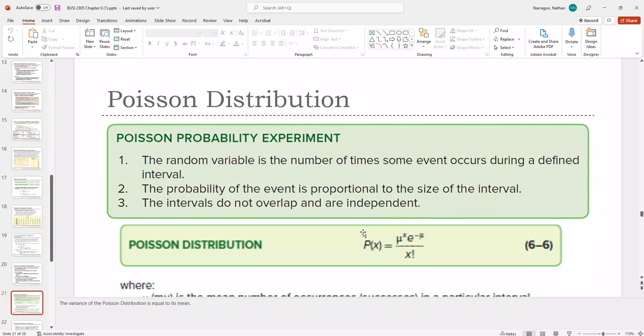If we're not going to use the special one in Excel, this one is basically mu raised to the power of x, times e, which is a standard number, the natural log base, raised to the negative mu, divided by x factorial.